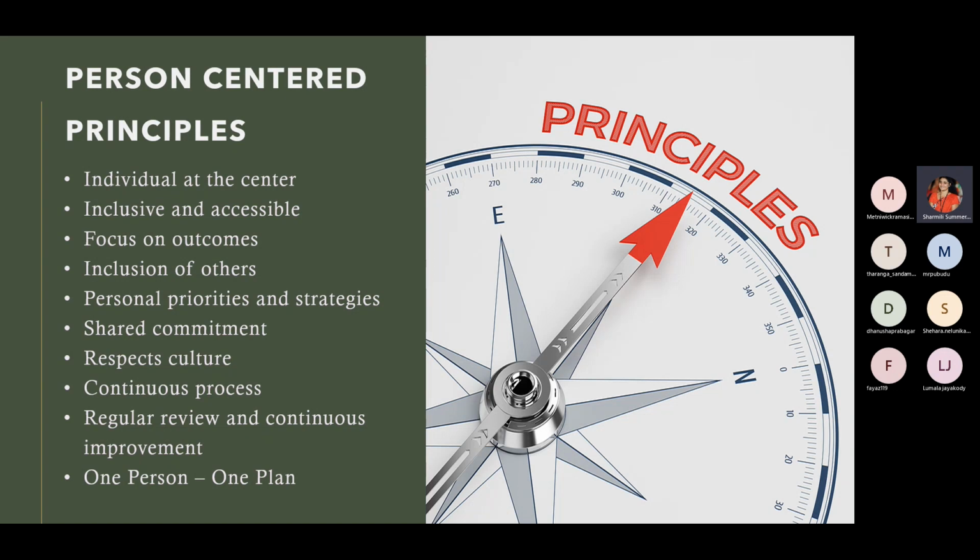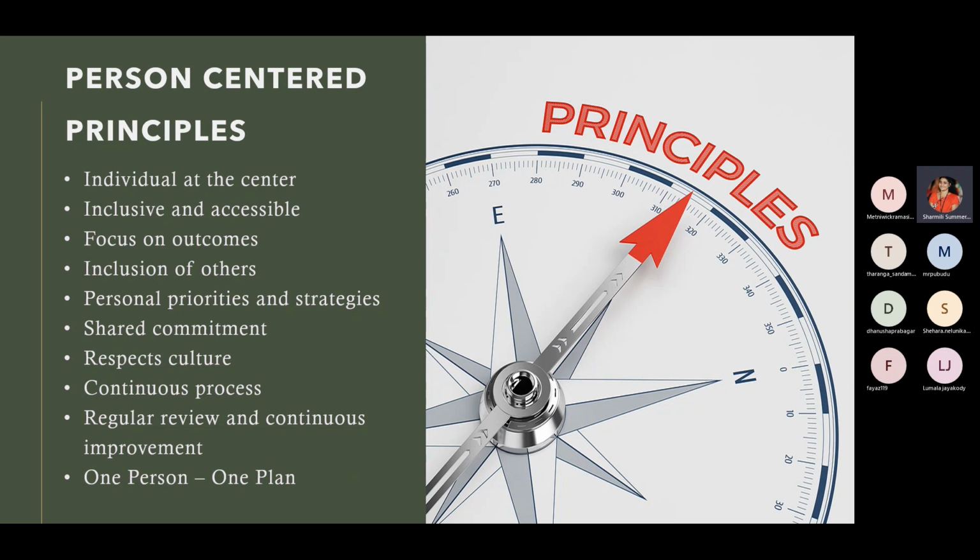So in this person-centered principle, regular review and continuous improvement is important, and another basic concept is one person, one plan. There are two major basic concepts when we talk about the person-centered approach. One is that the individual, the person, is at the center or the main concern.